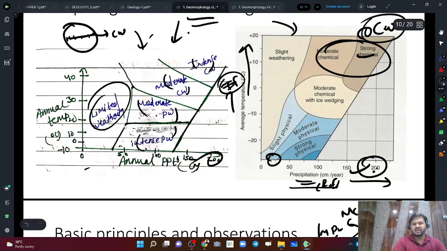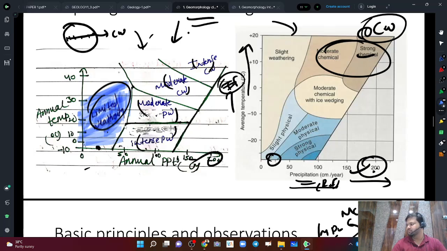Right? Why is there limited weathering here? Can anybody tell me, in this area why is there limited weathering or no weathering? Anyone? Pranati, Pushpa, anyone? Lack of moisture.